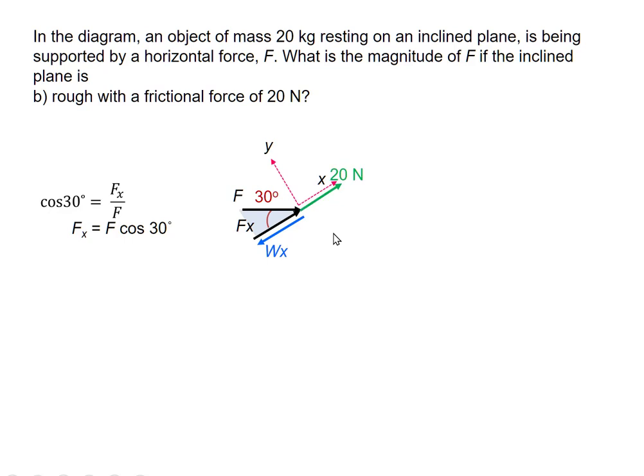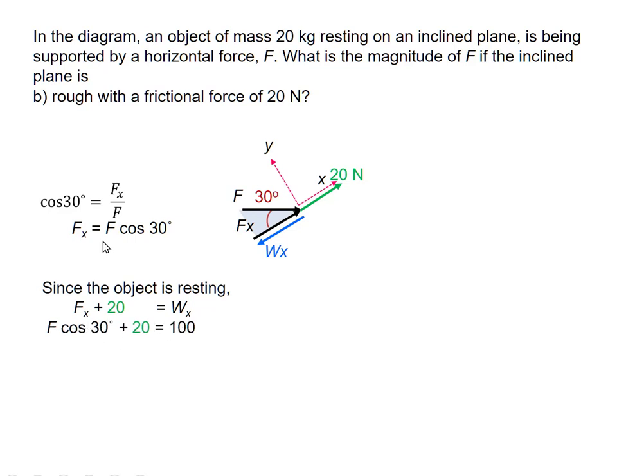We also have the frictional force of 20. So we will now write the equation. Since the object is resting, again, therefore, Fx plus 20 acting in the upwards direction along the incline must be equal to Wx, which is acting downwards along the incline, since the object is resting.